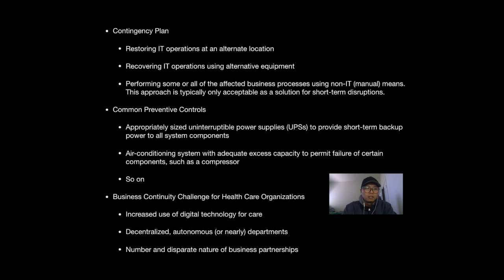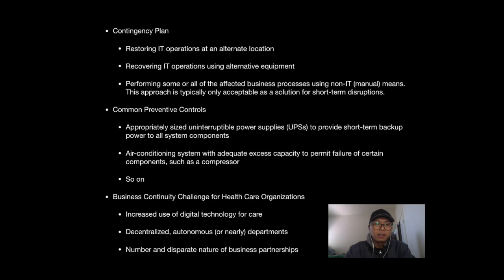HIPAA defines contingency planning as generally including one or more of three approaches to restoring disrupted IT service, like restoring IT operations at an alternative location. We also have some common preventive controls, like fire and smoke detectors or water sensors in the computer rooms, ceiling, and floor.